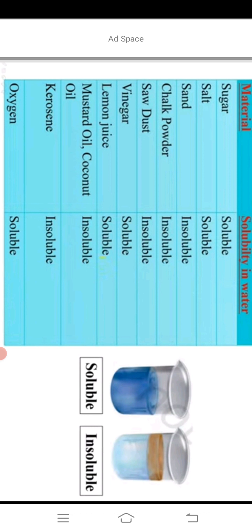Examples: mustard oil, coconut oil, kerosene.